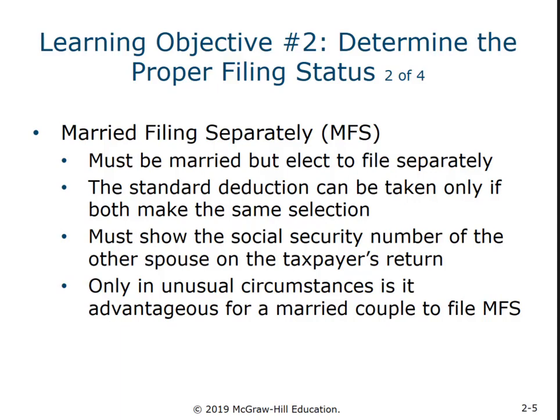Because if you are married filing jointly, you're both fully liable for the taxes. So if the IRS finds out you owe $5,000, they can go after both spouses for the whole $5,000. Now, of course, they stop when they've collected just the 5. They don't get 10. They don't get 5 out of both, but they go after both because whoever pays first, they'll just take that.